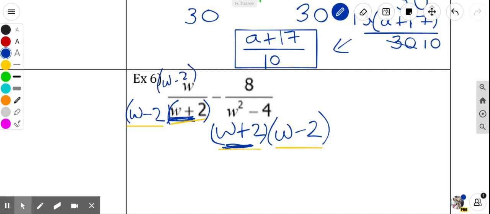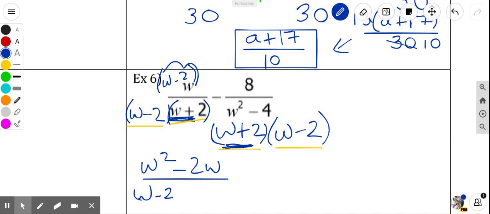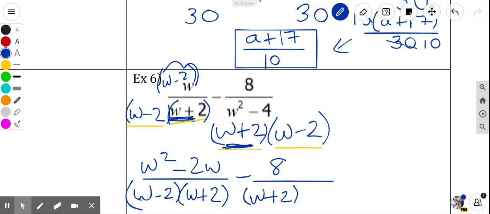Okay, so this left top becomes, we're going to distribute this w to both of them. So you have w squared minus 2w. On the bottom, you have w minus 2, w plus 2. Then we have minus 8 over w plus 2, w minus 2.